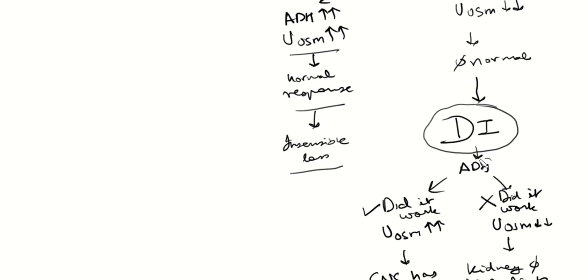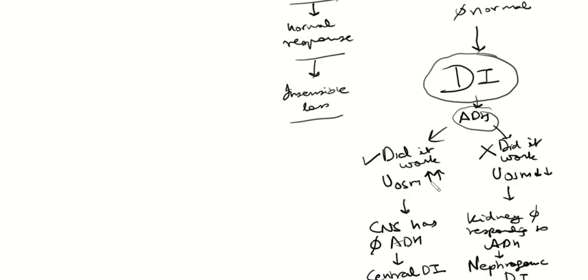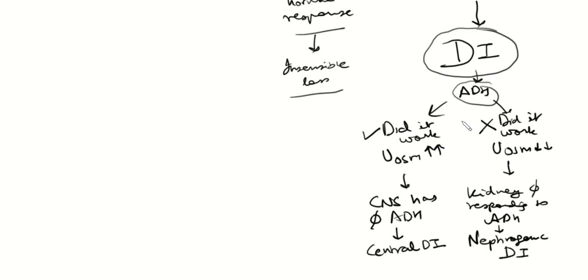What do we do? We give these patients ADH, antidiuretic hormone. If it works, how do you know it worked? It's going to increase the urine osmolarity. It's going to get the water to get more absorbed. That means I gave the ADH, and the kidneys responded. ADH is made in your pituitary, goes to the kidneys, and then it acts.